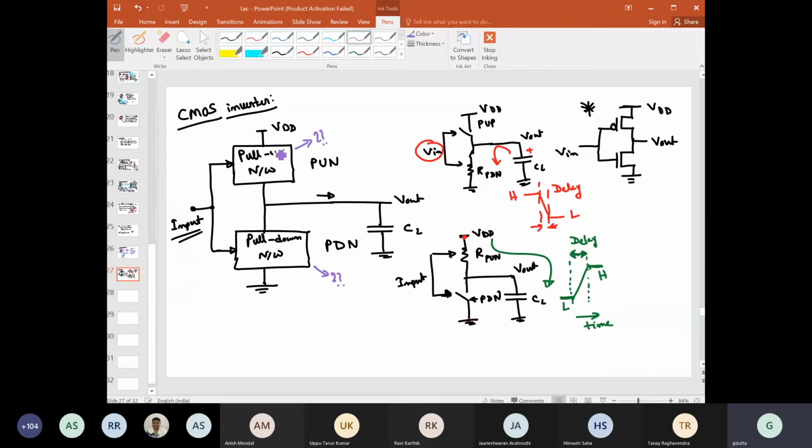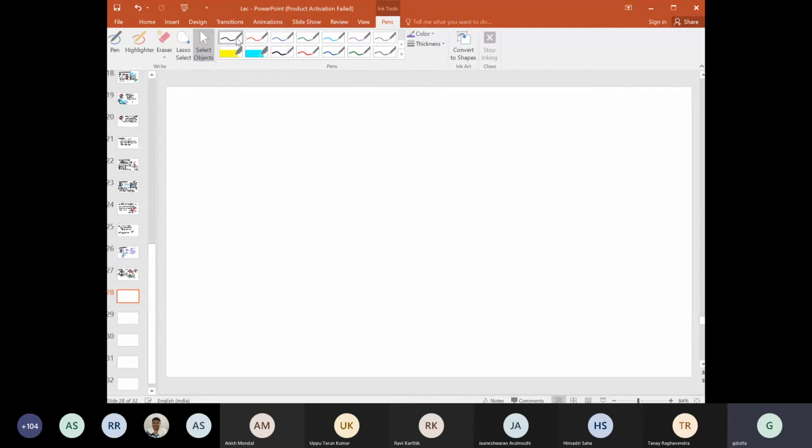This pull up cannot be an enhancement load. This pull up cannot be a depletion load, right? So we are left with the option of either PMOS or NMOS for the time being, right? So we'll see which one to be used as a pull up and which one to be used as a pull down network here. So the choice of pull up and pull down network.